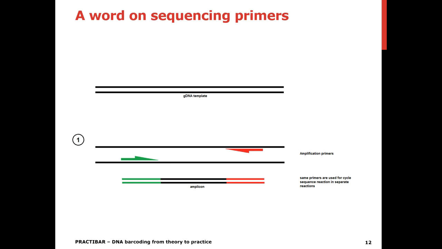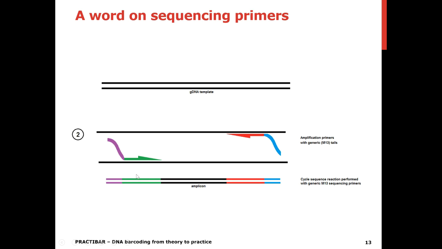So what about sequence primers? Here you have your genomic template, and you can amplify with primers and get your amplicon, and you can sequence that with the same primers as your amplification primers. Another option is that you do an amplification with primers which have M13 tails.